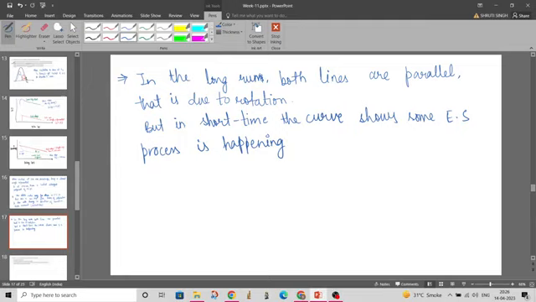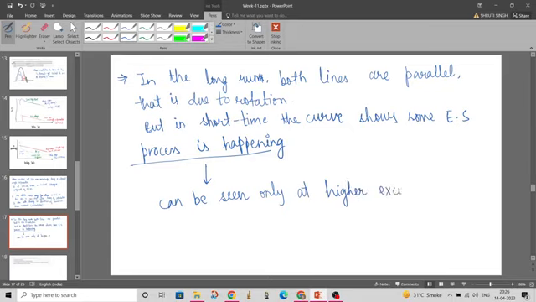And this excited state process happening, this can be seen only in the blue edge. Only at higher excitation energy.